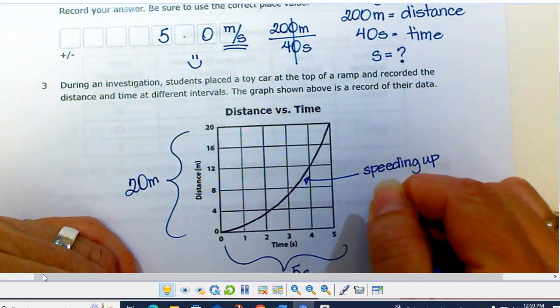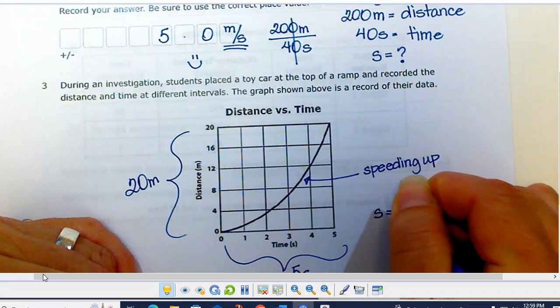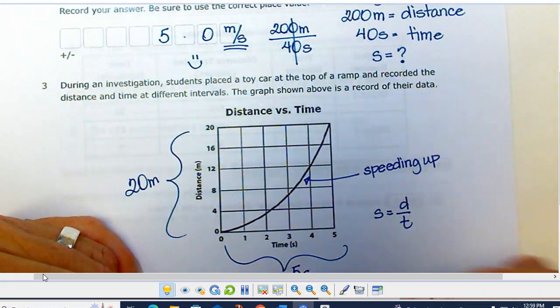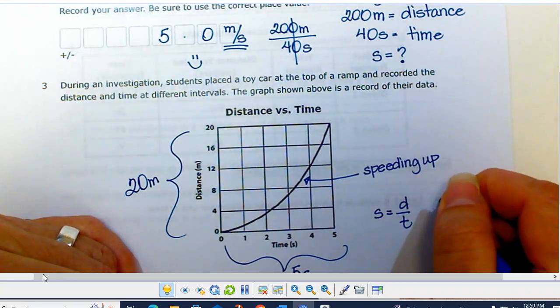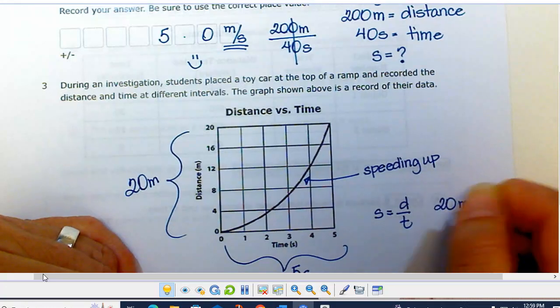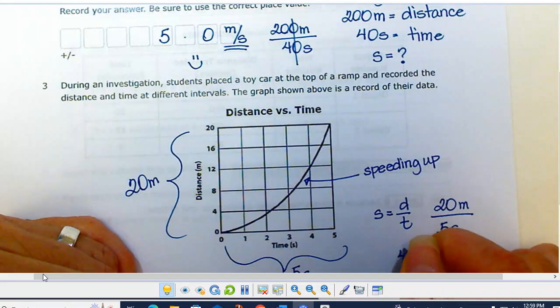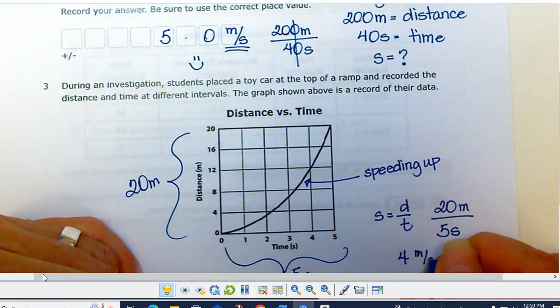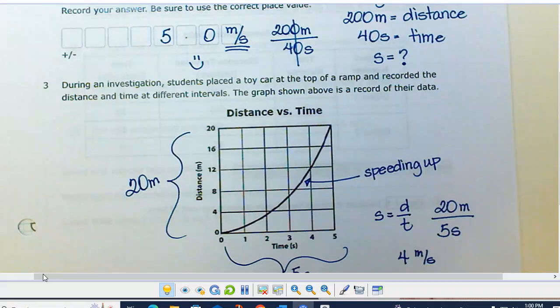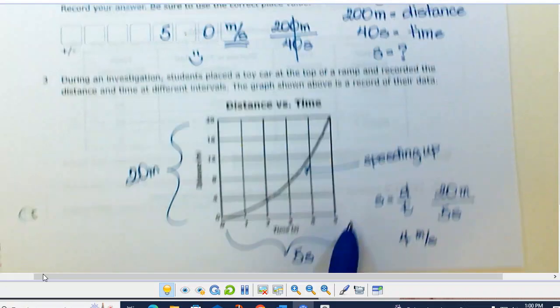So speed is total distance divided by total time in this case, and that's 20 meters divided by 5 seconds. And this time we get 4 meters per second.